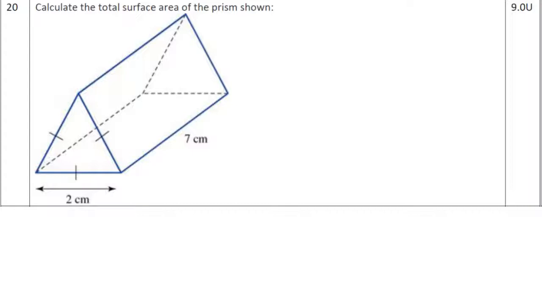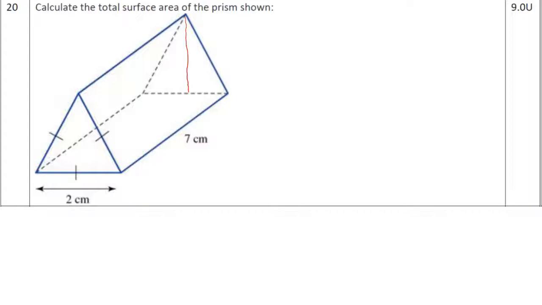Question 20, I unintentionally made a bit harder than I meant to, but I don't regret that terribly, because when you are calculating the area of the triangular ends, you do actually need to know the height. Now, I forgot to tell you that.